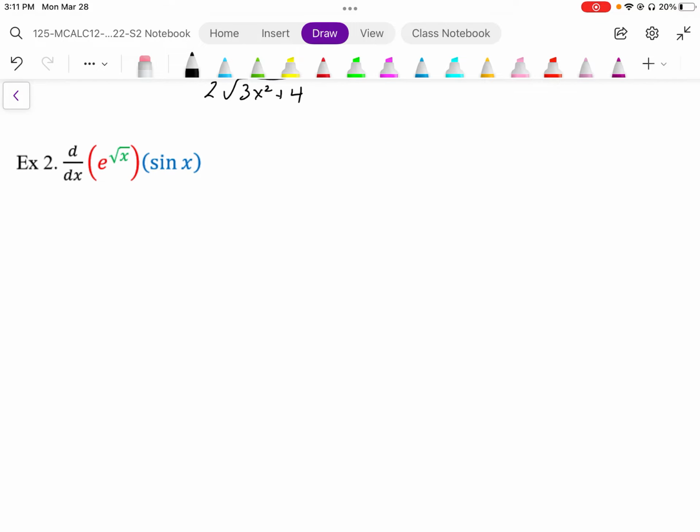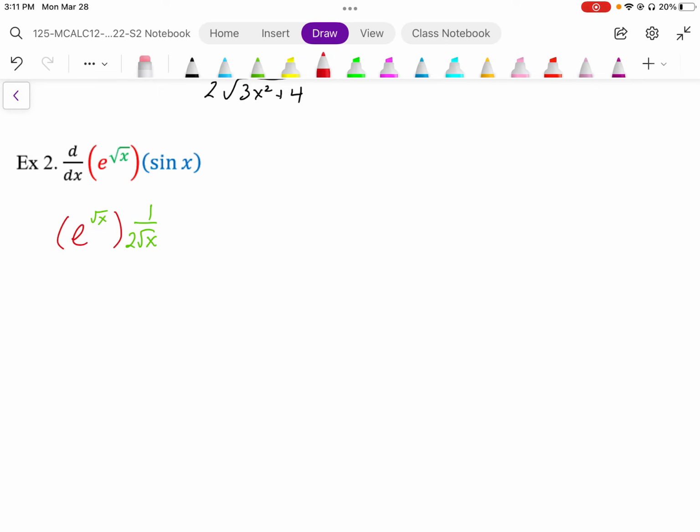For this one here, it's much the same. We're going to differentiate the first part, so we're going to differentiate e to the root x. Okay, well, the derivative of e just remains e, but because I have a root x, we need to differentiate that root x to 1 over 2 root x.